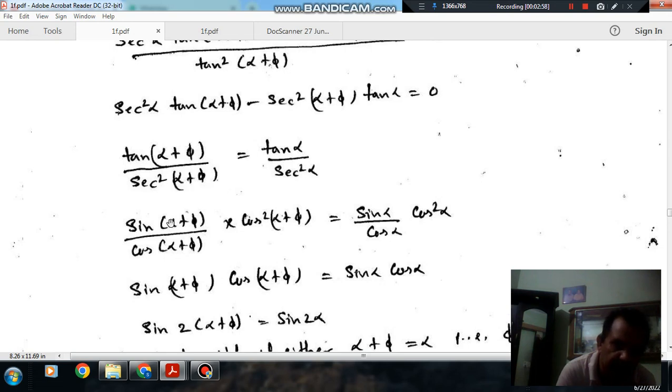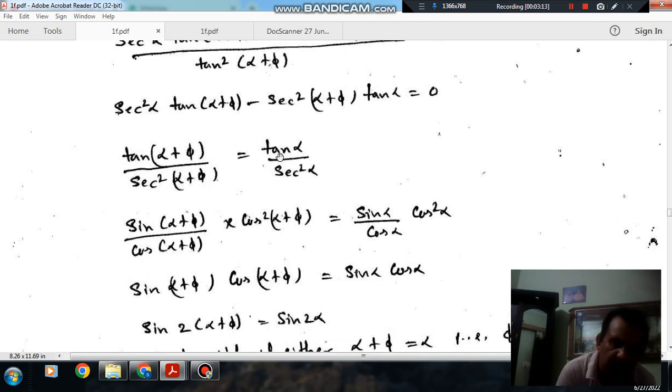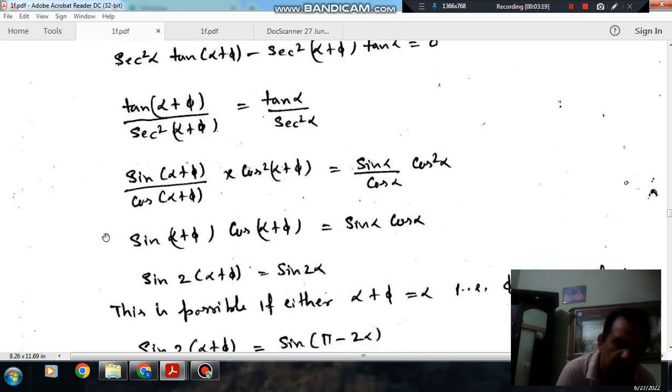We can write tangent alpha plus phi as sin alpha plus phi divided by cos alpha plus phi, and secant square alpha plus phi as 1 by cos square alpha plus phi, and tangent alpha as sin alpha by cos alpha, and secant square alpha as 1 by cos square alpha. One cos alpha plus phi will cancel, so it will be sin alpha plus phi cos alpha plus phi, and likewise sin alpha cos alpha.